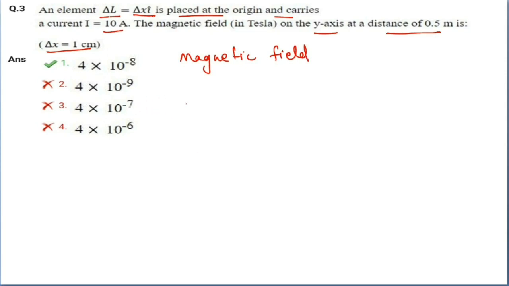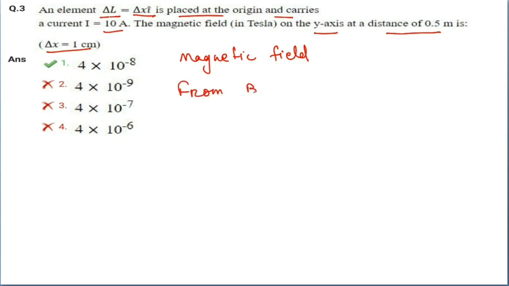Here we will use Biot-Savart's law. So according to Biot-Savart's law, current element is in x direction, and we have to calculate magnetic field on y-axis.